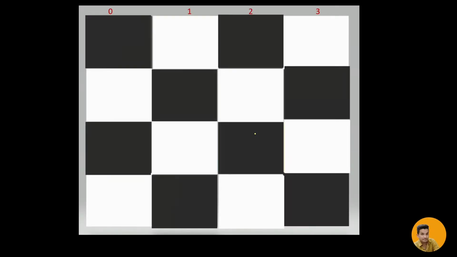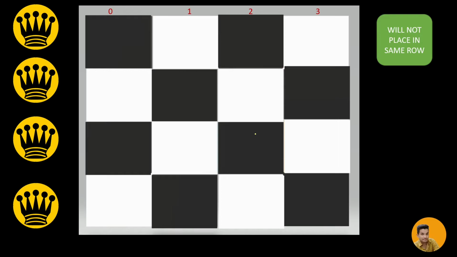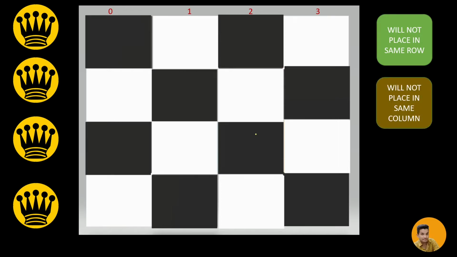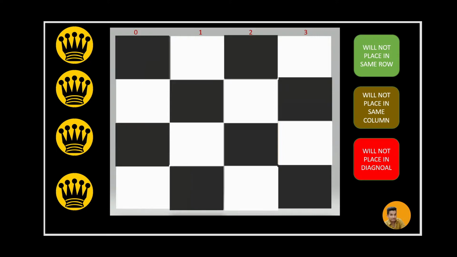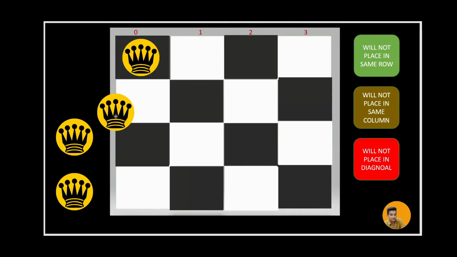Okay, so again, on this chessboard, the queens are not to be placed in the same row, same column, or same diagonal. Let us manually trace this chessboard. We will keep the first queen, let's say here. As told, we will not place in the same row, so we'll go to the next row. Can I keep it here? No, column 0 is being occupied.